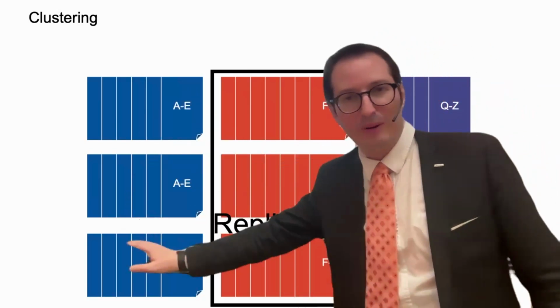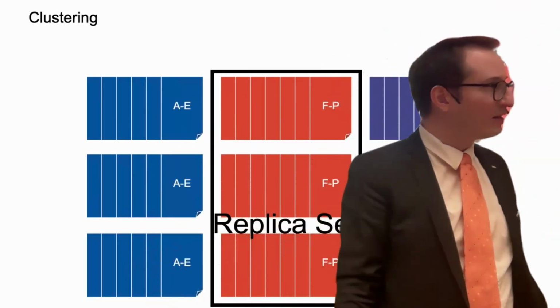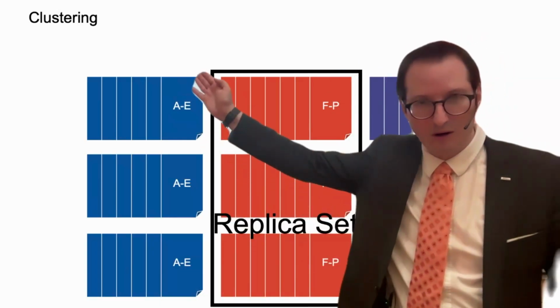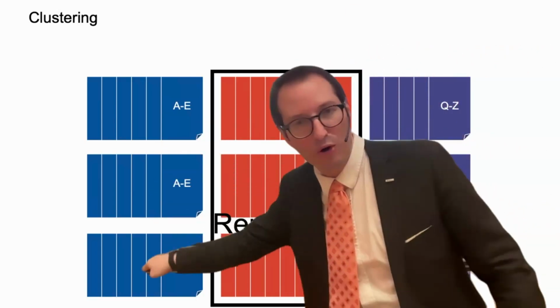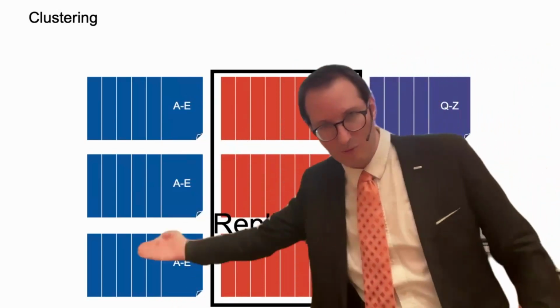And so every partition is also replicated. So now that should remind you of HDFS, right? In HDFS, we both have these blocks. We partition the data, and every block has replicas. So that's the same thing in MongoDB. We partition and we replicate.